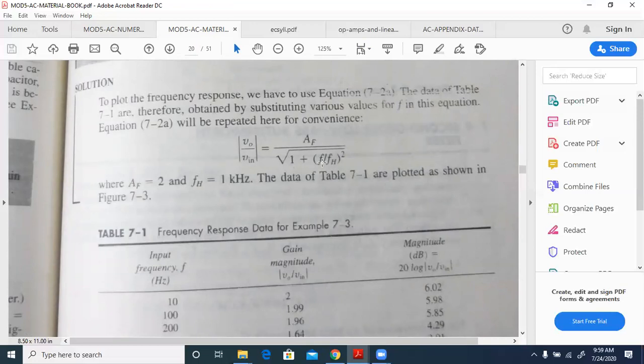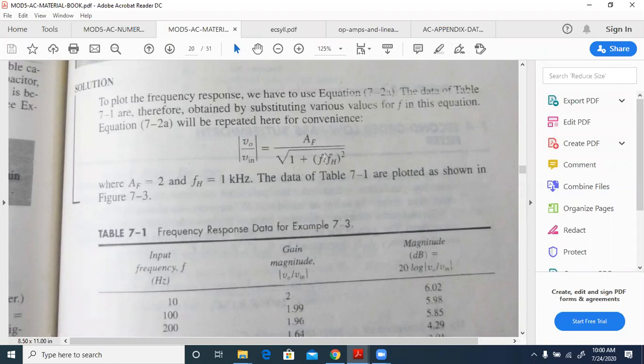So for this, FH is common, that is 6.65 kilohertz. For different values of F, which are much below 6.65 kilohertz and much above, we should be able to find the response.